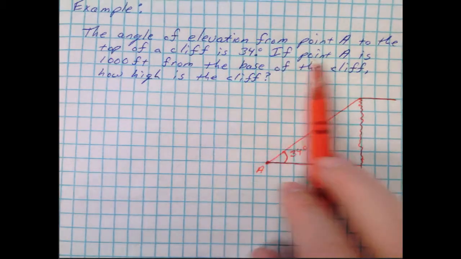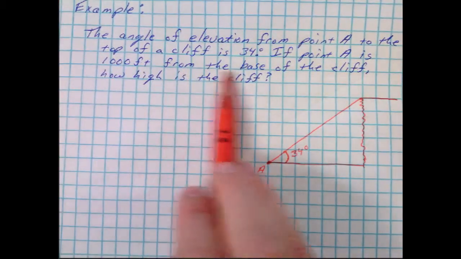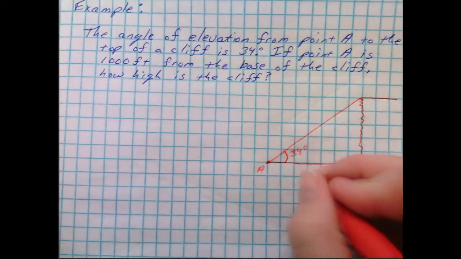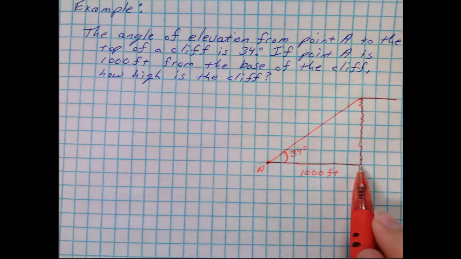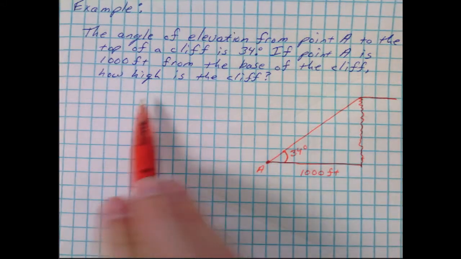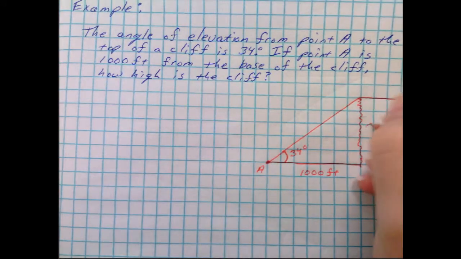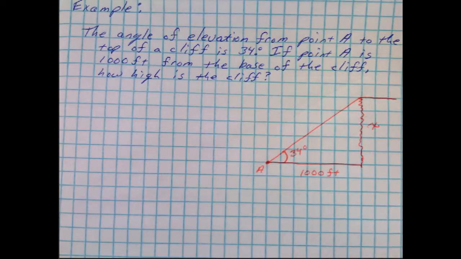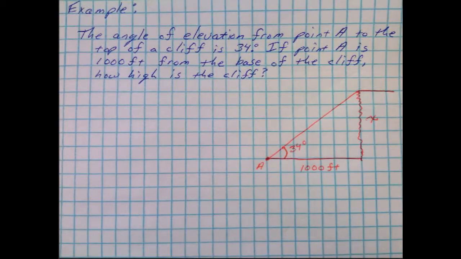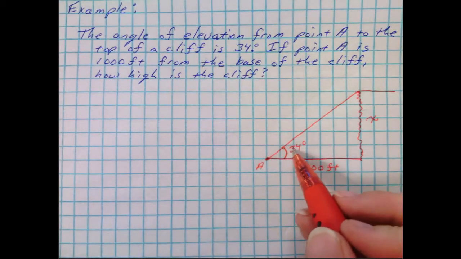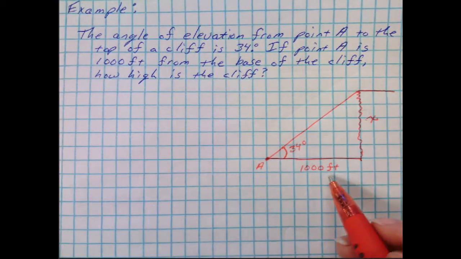It says if point A is 1,000 feet from the base of the cliff, so this is 1,000 feet to the base of the cliff, how high is the cliff? So we're trying to find this piece over here. Now that we have our picture, we can start setting this up. I'm looking at this angle 34, and I'm going to label my pieces.